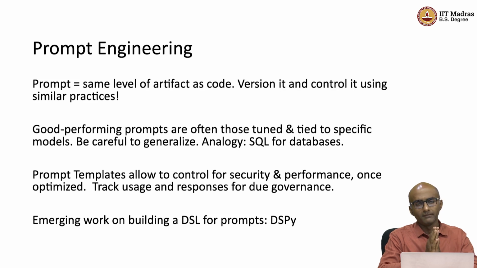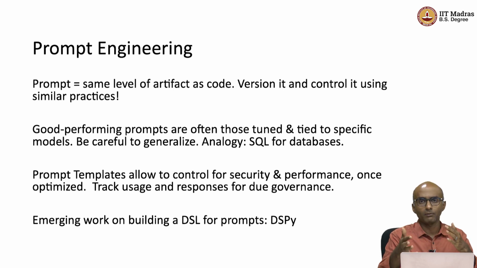The other major consideration is that a prompt that performs very well, which is already tuned for accuracy, is naturally tied to the underlying foundation model on which the prompt is running, or the fine-tuned model on which the prompt is running. In other words, the fine-tuned model and the prompt go hand in hand.